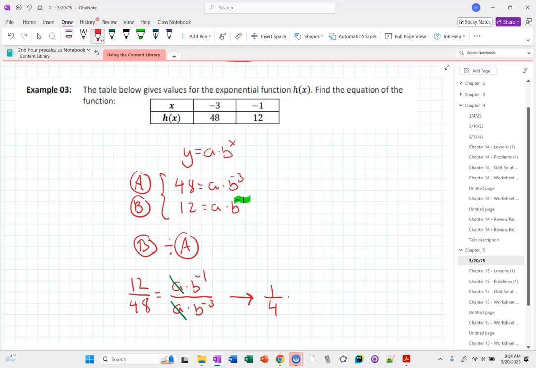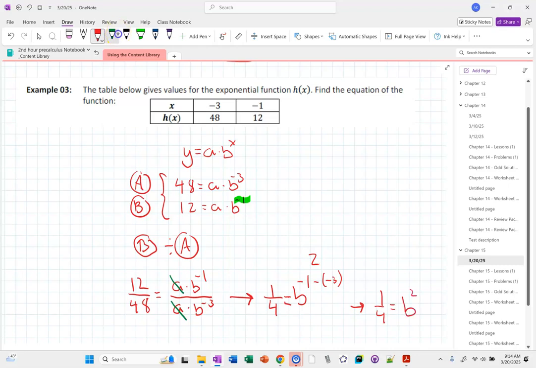And then to simplify the B's, I'm going to have the exponent from the numerator minus the exponent from the denominator. So what is -1 minus -3? That's just 2, right? So I have 1/4 equals B squared.